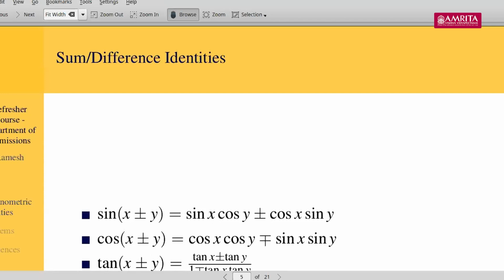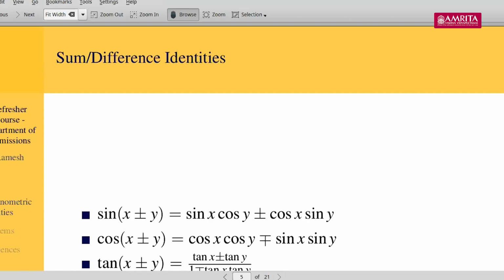Another identity I want to introduce here is sine, cos, tan of sum and difference identities. Sine of x plus y is equal to sine x cos y plus cos x sin y. In a similar way, sine of x minus y is equal to sine x cos y minus cos x sin y.